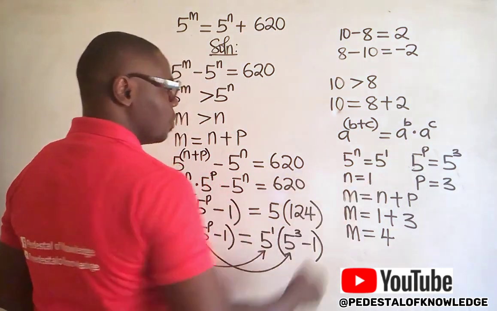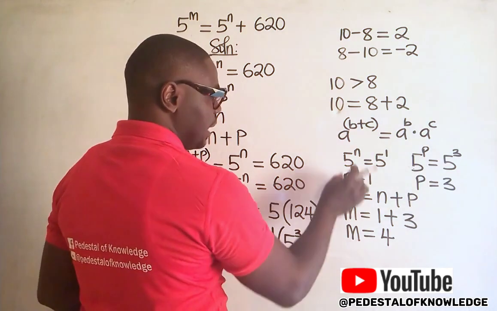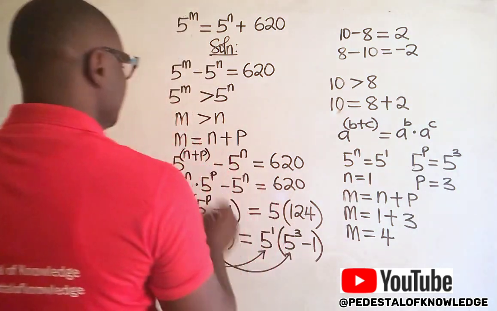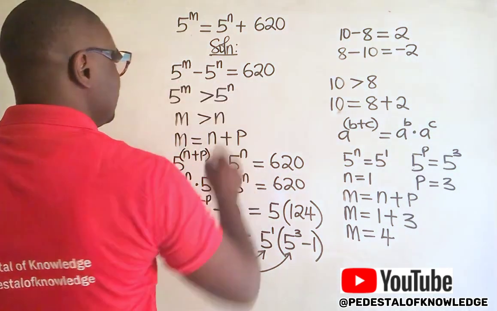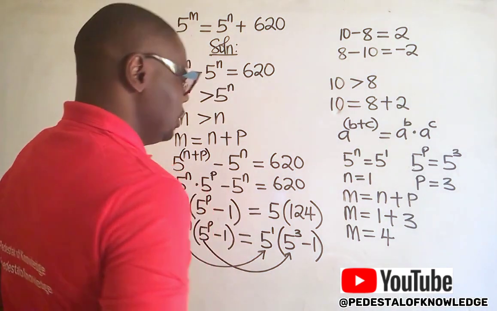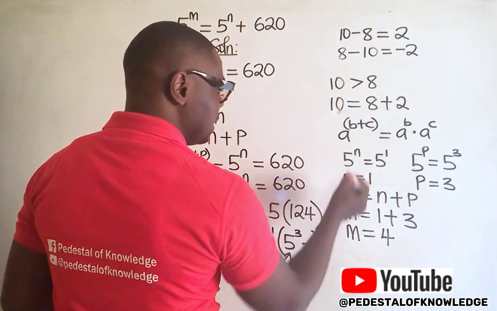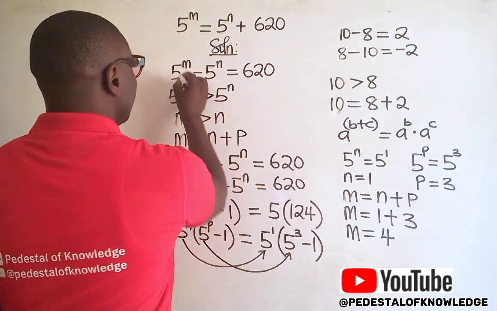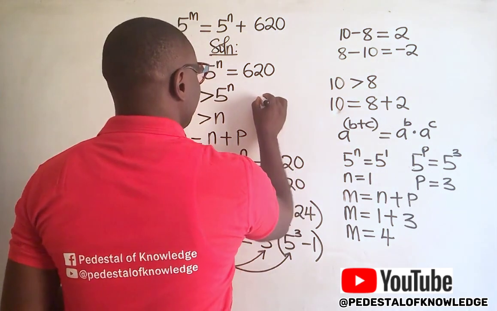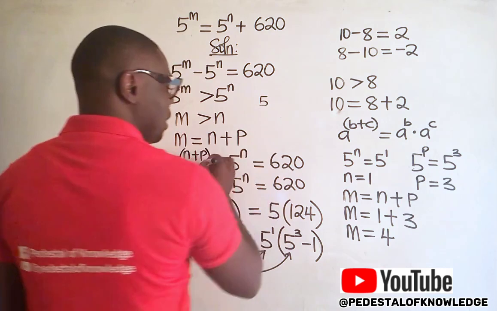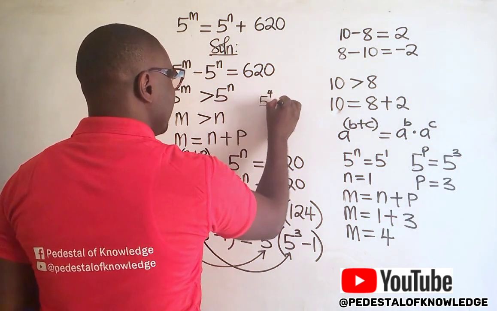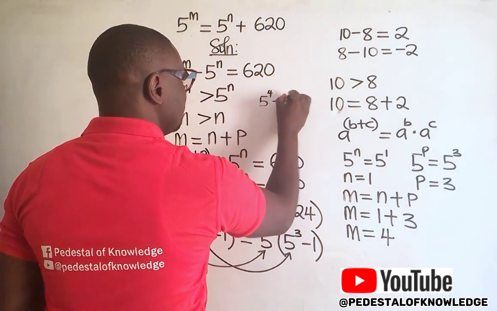Now, to make assurance doubly sure, we substitute the values of m and n into this equation to see if the equation is satisfied. Remember that m is equal to 4 and n is equal to 1. So here we have 5 raised to power 4 minus 5 raised to power 1.